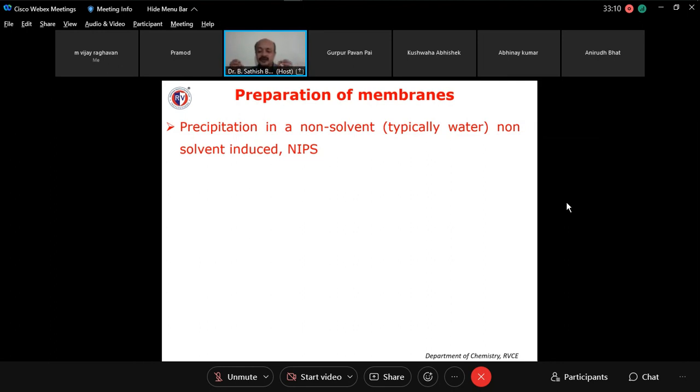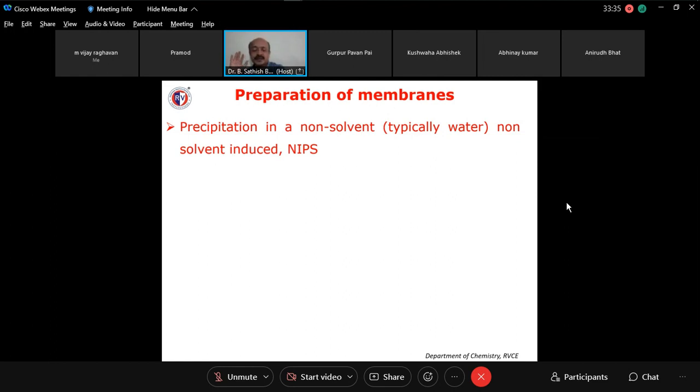So what we are doing here is we are dissolving this polymer in one polar organic solvent, and the polar organic solvent should be miscible with water. That kind of polar organic solvent you have to take. Okay, we'll consider this in detail later. We'll see what are the different methods available for the preparation of this polymeric membrane.